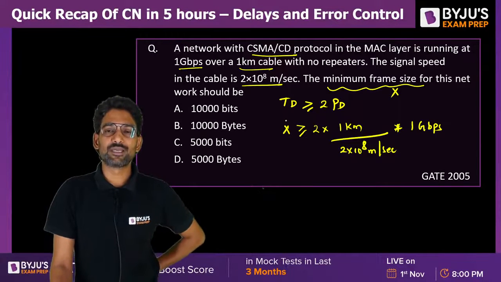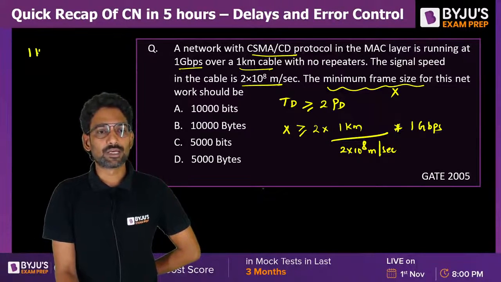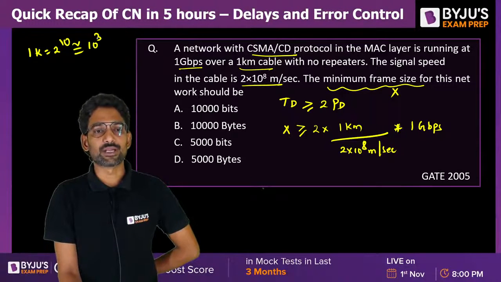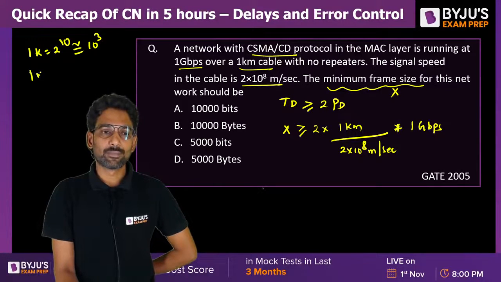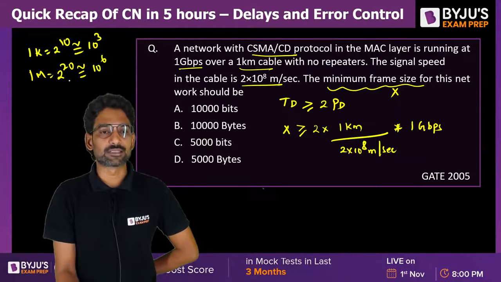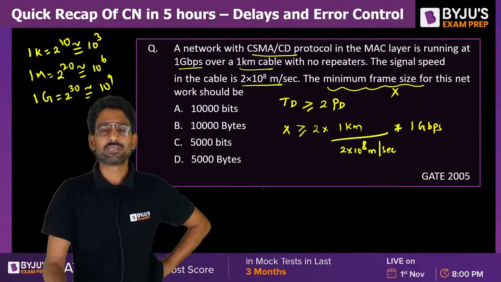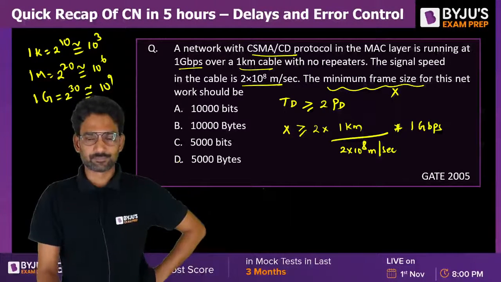So Kaustubh, here you see, we know 1k is 2 power 10, you can approximate it to 10 cube. 1 mega is 2 power 20, approximate to 10 power 6. 1 giga is 2 power 30, actually you can approximate to 10 raised to 9, because we require it approximately here.